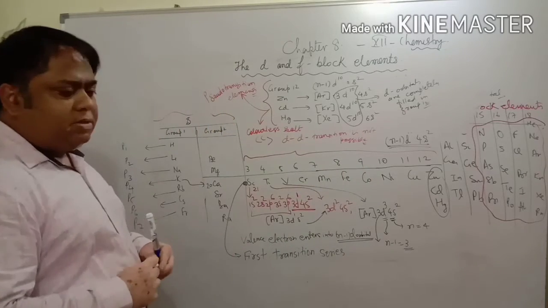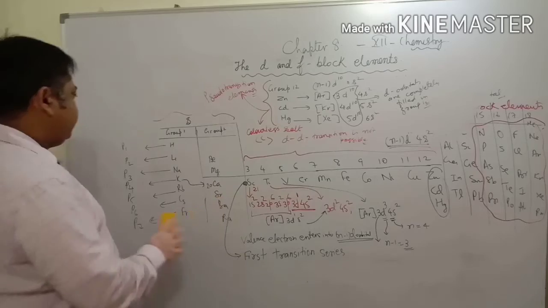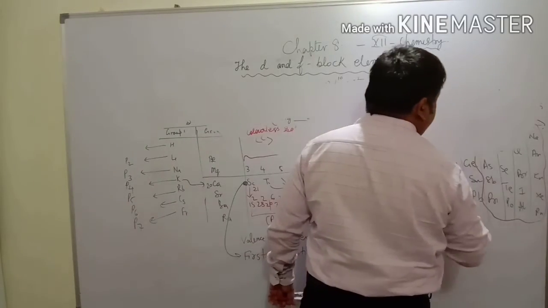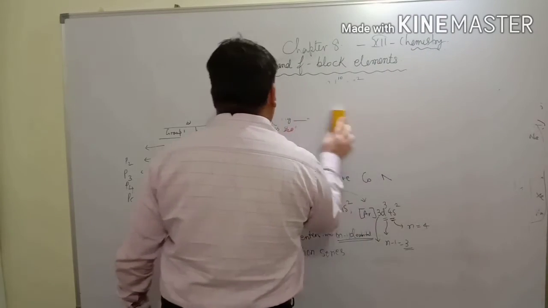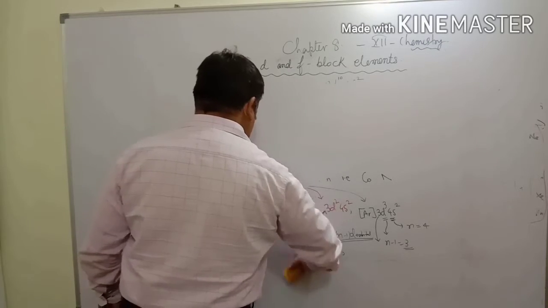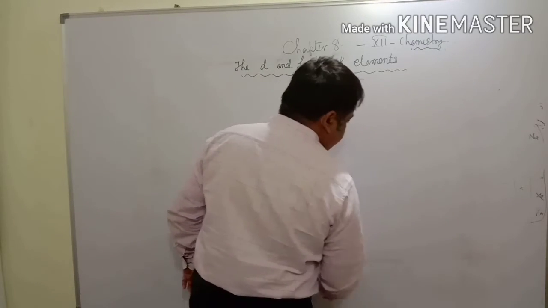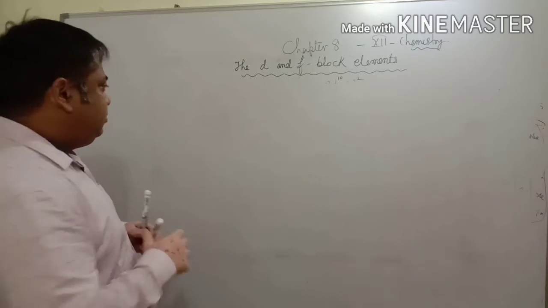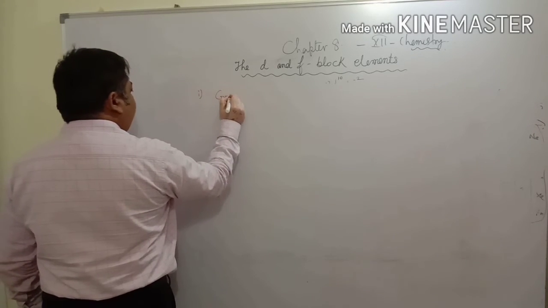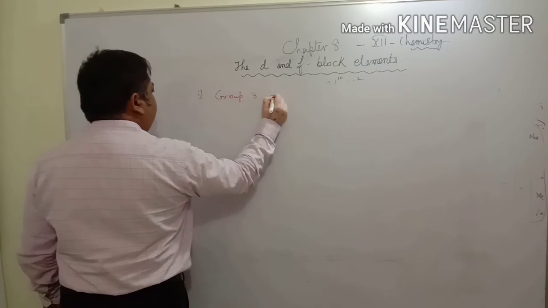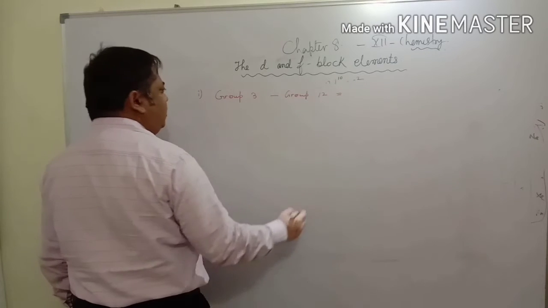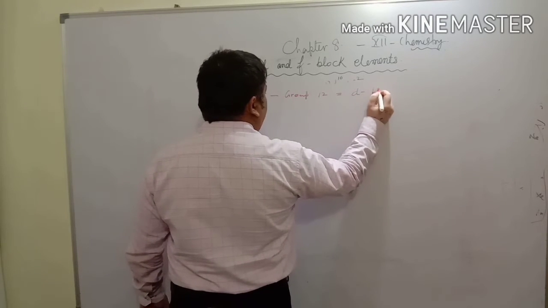So now we will summarize whatever we have studied so far. First, group 3 to group 12 are the d blocks.